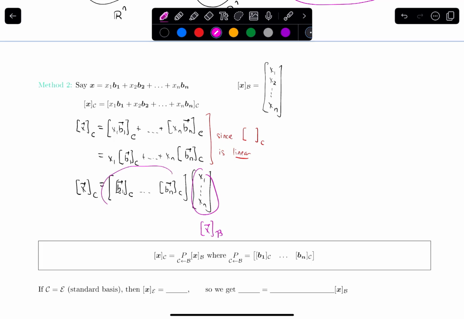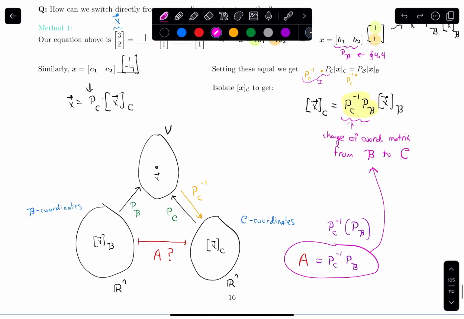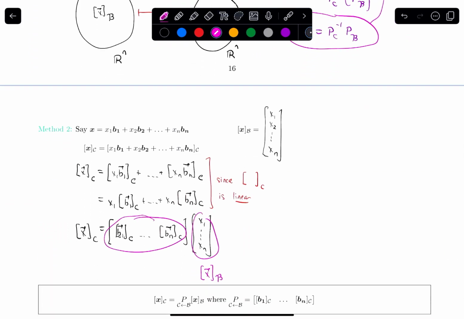That's getting multiplied by some matrix to get me the c coordinate vector. If I go up to what I had before, that's exactly the type of thing I had there: multiplying the b coordinate vector by some matrix got me to the c coordinate vector. So what that means is this matrix right here should also be a form of writing the change of coordinates matrix.